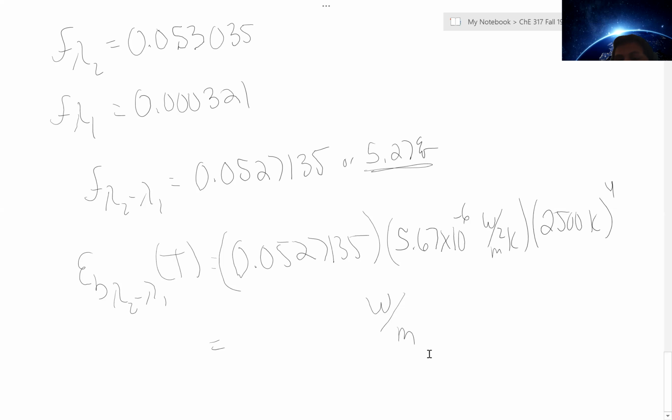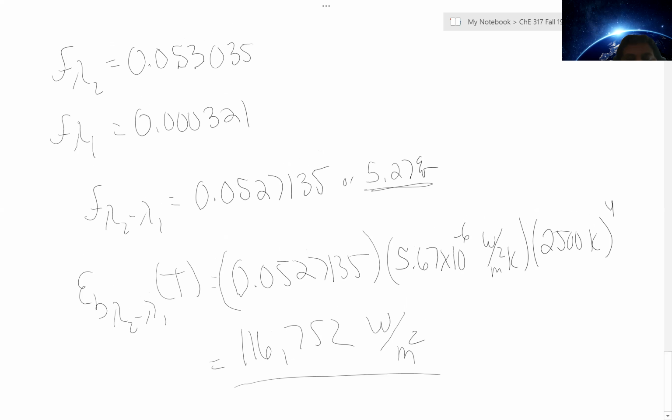So we do that and we get approximately 116,752 watts per meter squared. So that gives us our flux.